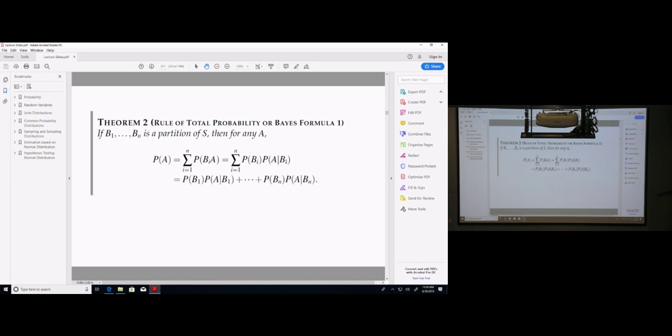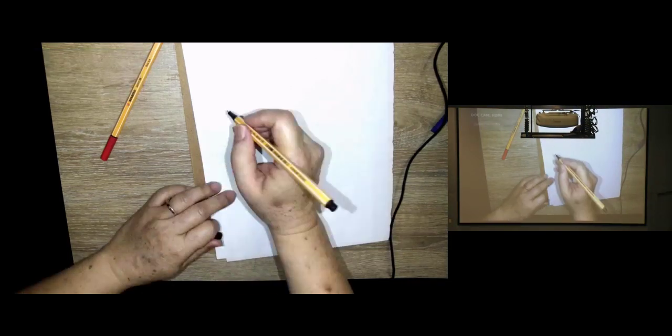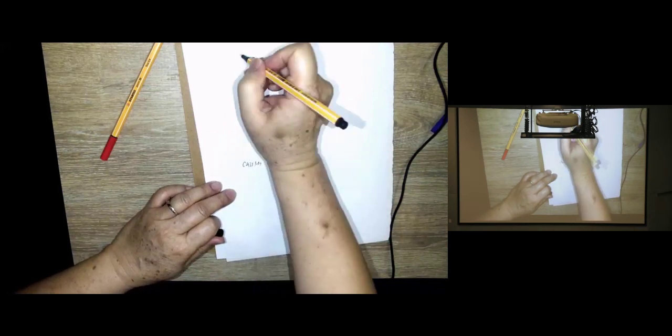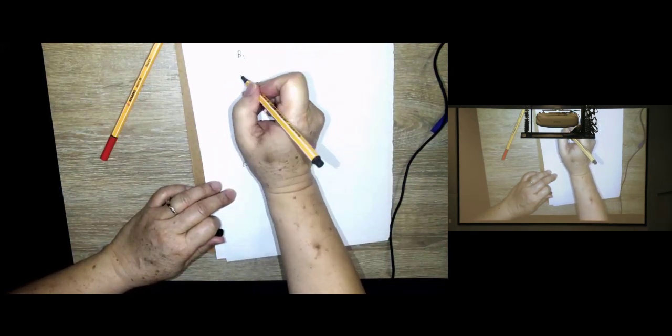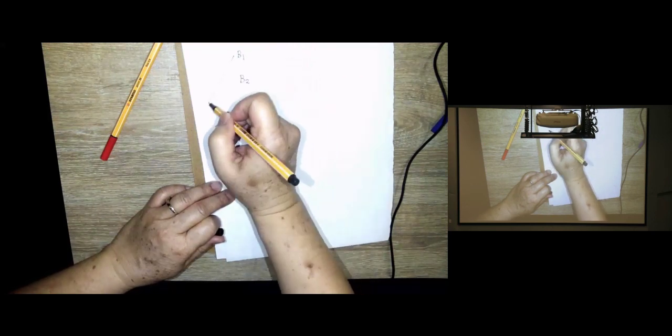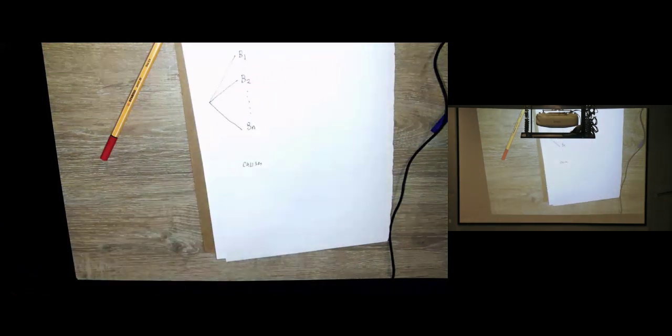Okay. So there is another way of seeing this. A lot of people think of the rule of probability as a decision tree or probability tree. So you think of these as the causes. It could be the cause we call B1, up to Bn.